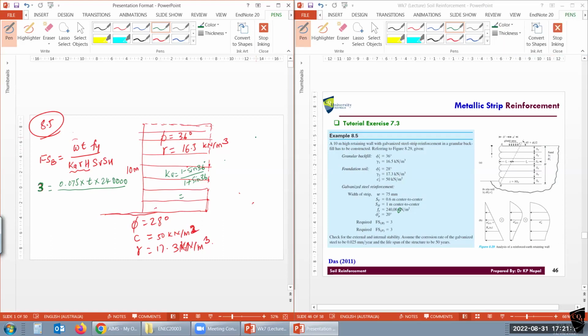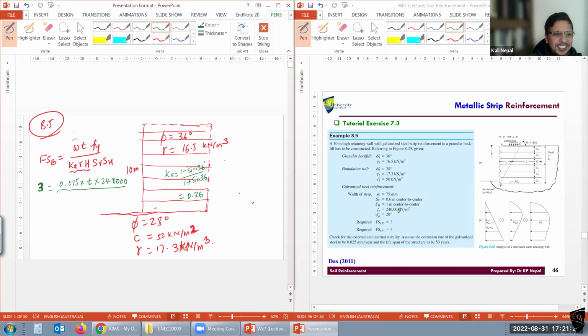So 0.259. Okay, 0.26 then. Is that right? Very easy, it does not matter, a little bit different. All right, 0.26.